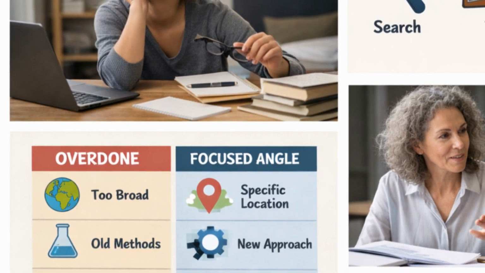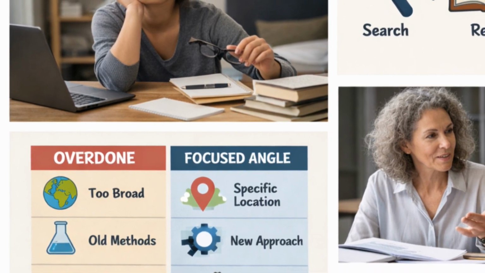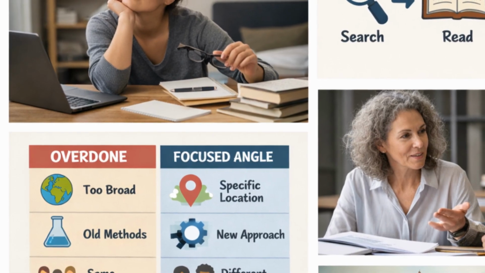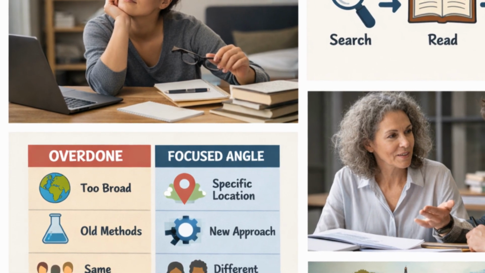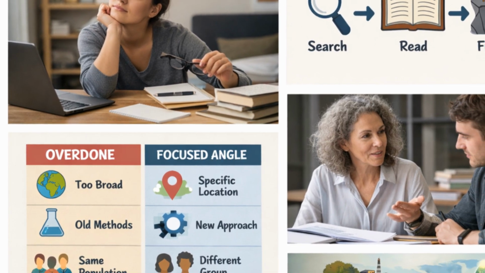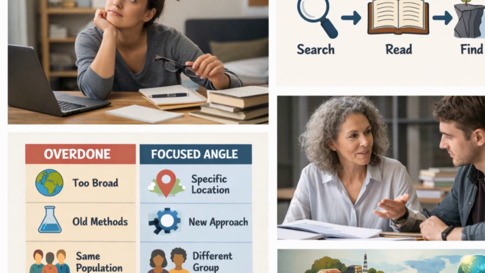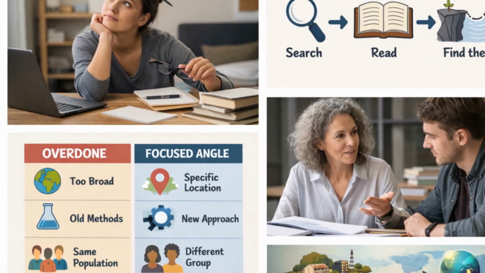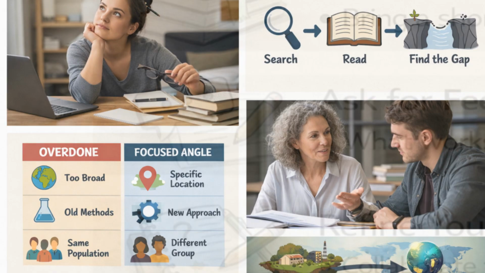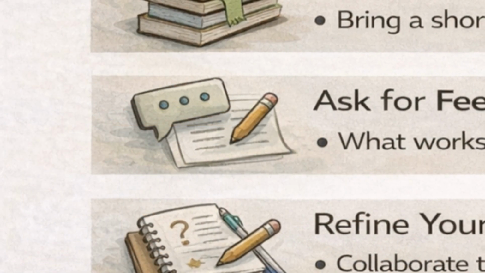And, are there particular angles or questions within this topic you find more promising? Don't be afraid to ask if they know of any work you missed. Professors have a mental library of research and might point you to a crucial paper or a researcher to contact. Remember, you're not expected to have all the answers now. This is a brainstorming and guidance session.